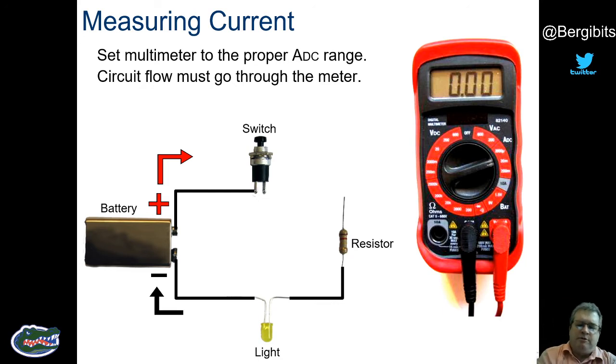In this case, it's right between the resistor and the switch. And red comes first because it's in the direction of the flow of the current, and you want it to keep continually going through the multimeter in the same direction that it's going through the circuit.